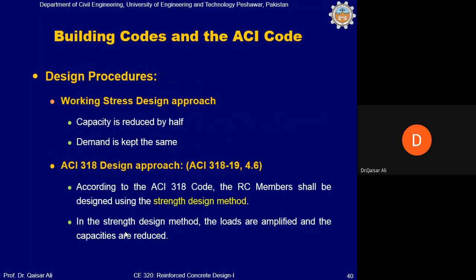Design procedures. Although we will study these procedures in detail in the next lecture, just to give you a glimpse, there are two approaches of design. One is called the working stress design approach, and the other is called the strength design approach. I will try to explain these two approaches very quickly with the example of a weightlifter.